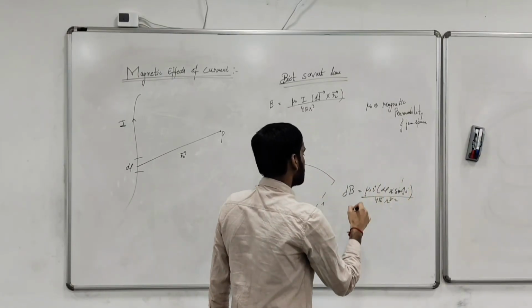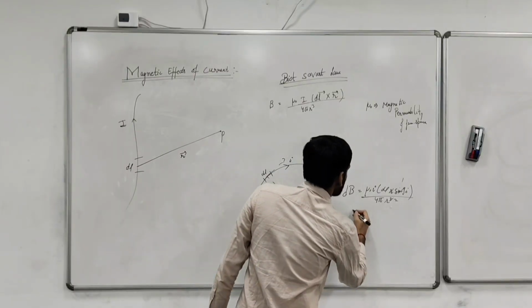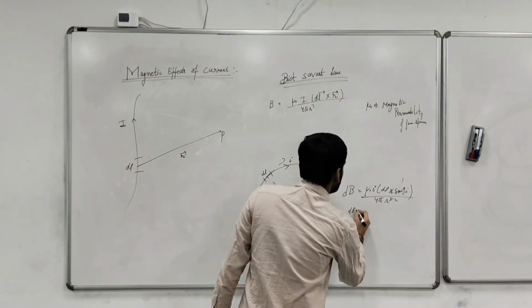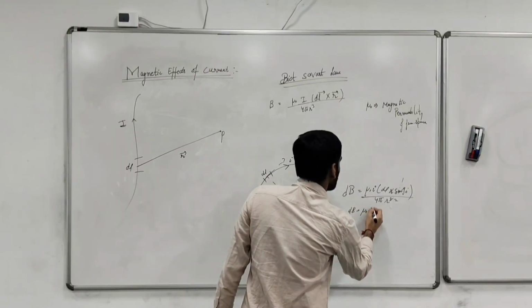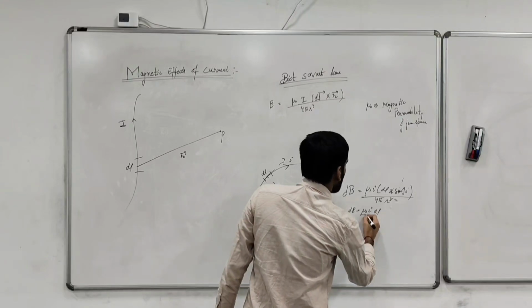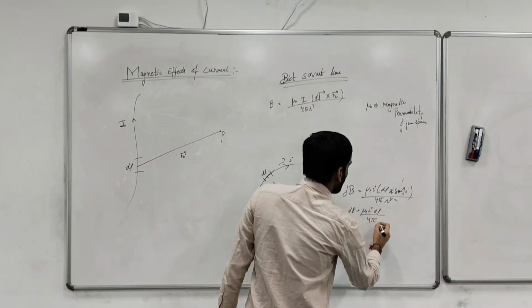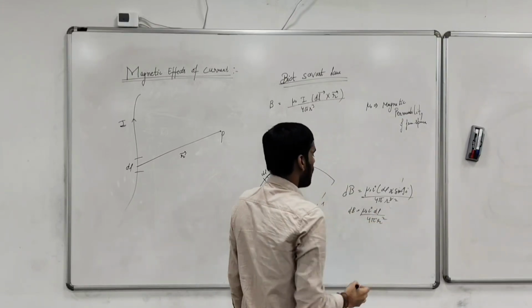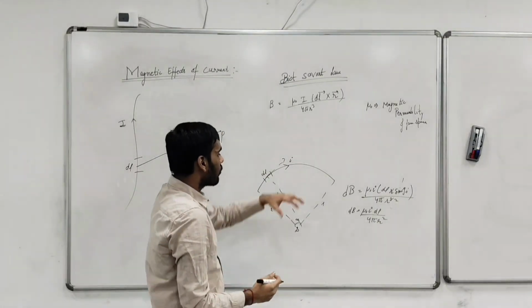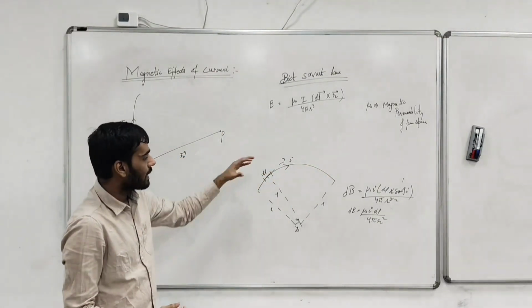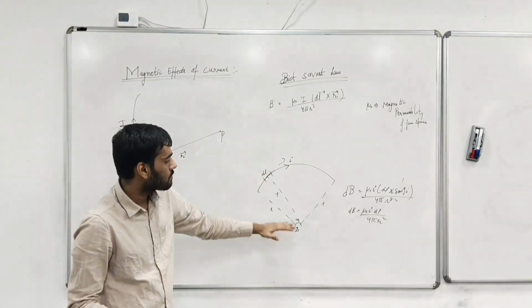This will turn out to be 1. So we get dB is equal to mu naught I dl over 4 pi r squared.